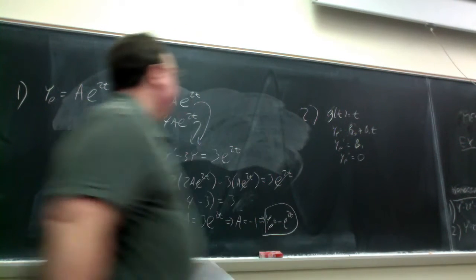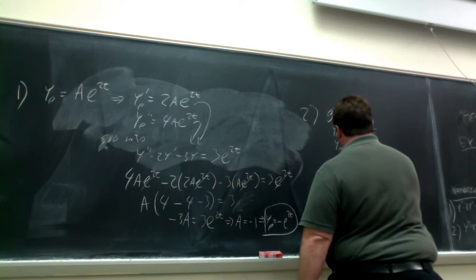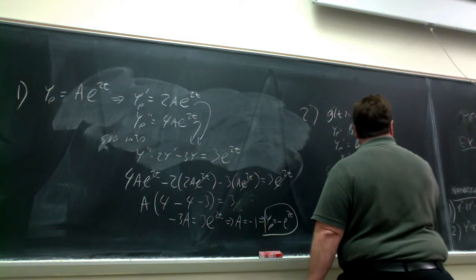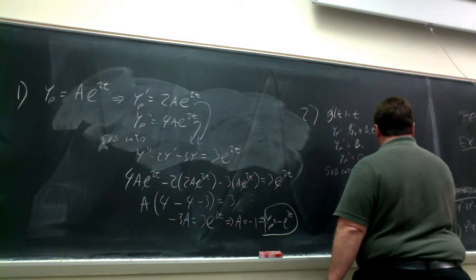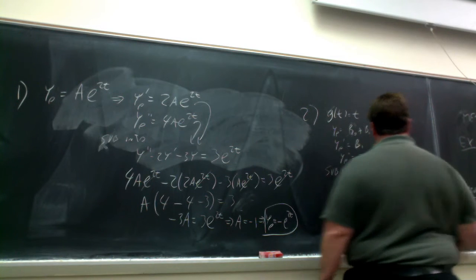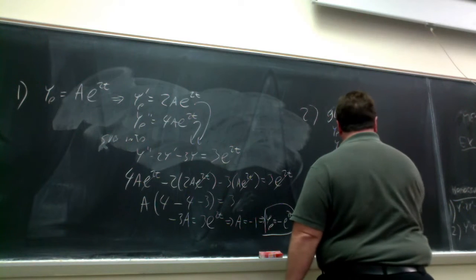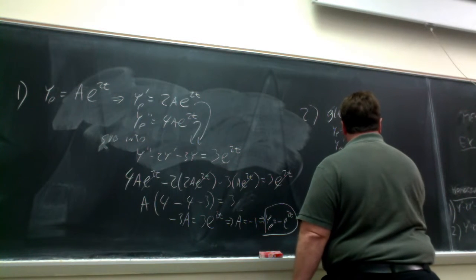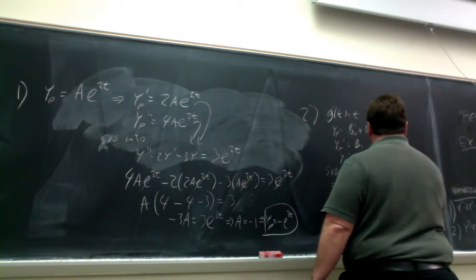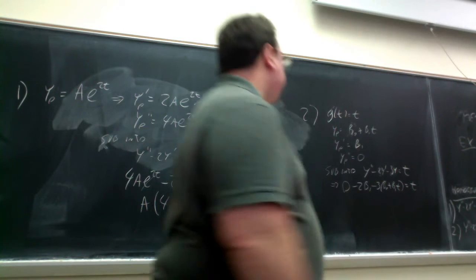So now you substitute all of that into your non-homogeneous DE, y double prime minus 2y prime minus 3y is equal to t. So we get 0 minus 2b1 minus 3 times b0 plus b1t, and all of that must be equal to t.